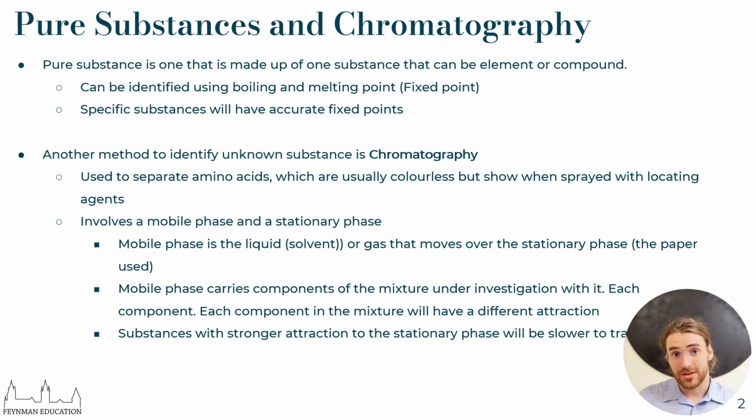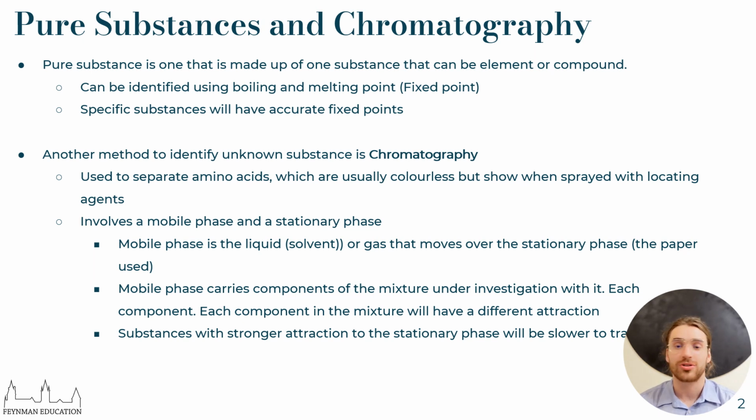Another way of doing this though, and separating mixtures of pure substances, is through chromatography. So chromatography can be used to separate amino acids, which are usually going to be colorless, but show when we spray an agent on them. Okay, I'll show you an example later of that.